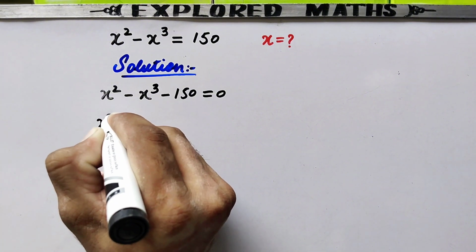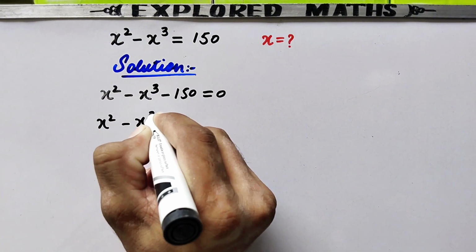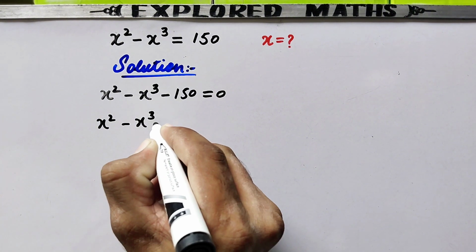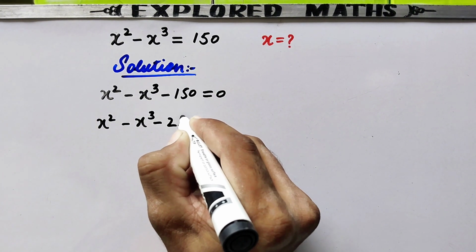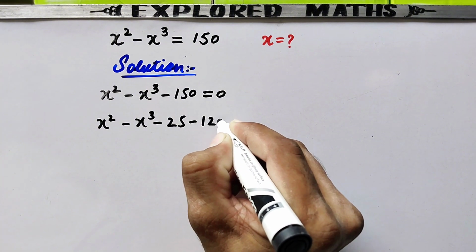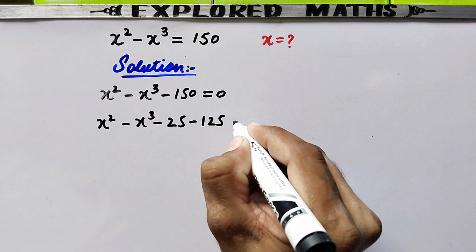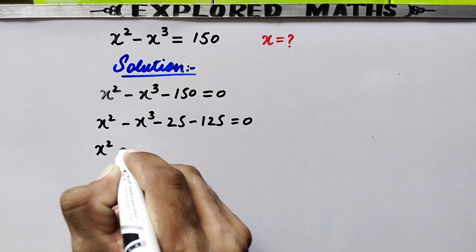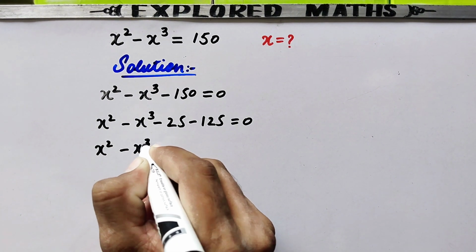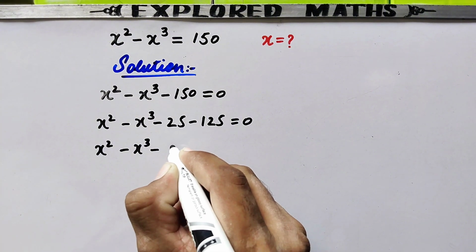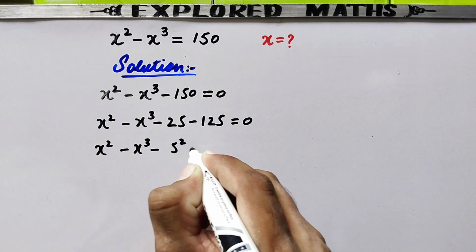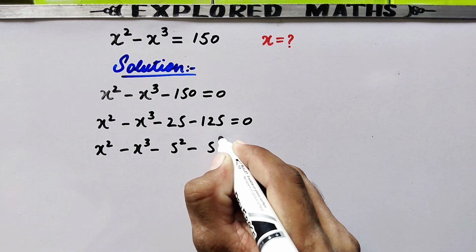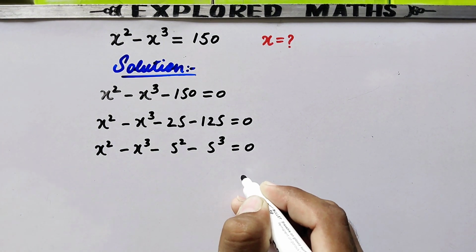Now x square minus x cube, splitting this value 150 in this way, minus 25 minus 125 equal to 0. Now here x square minus x cube minus this 25 is the same as 5 square, minus this 125 is the same as 5 cube, equal to 0.